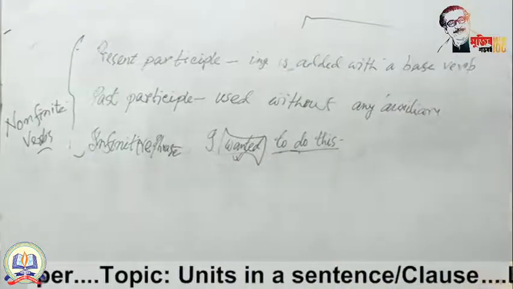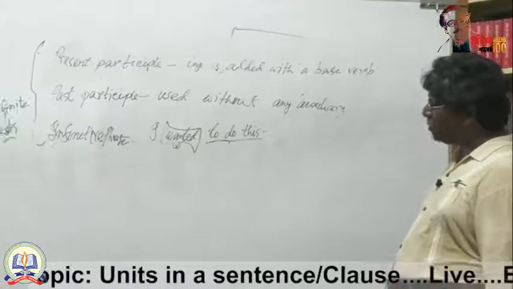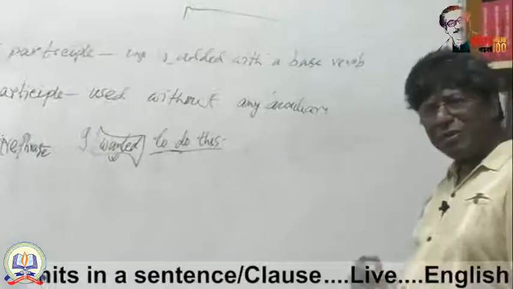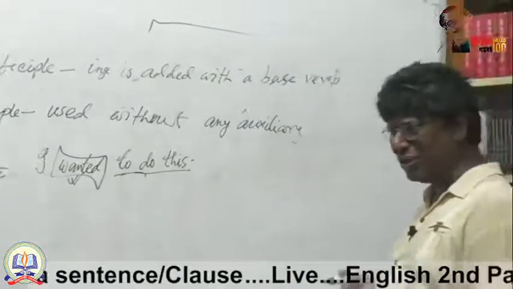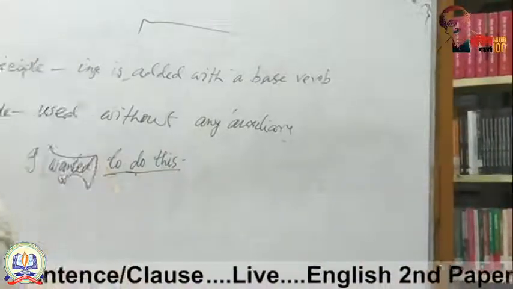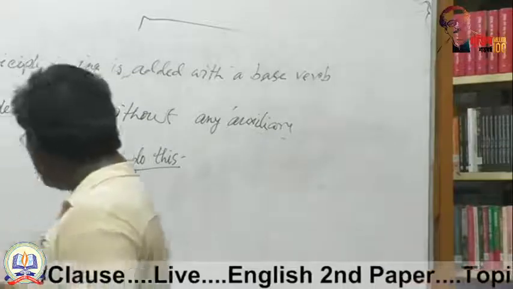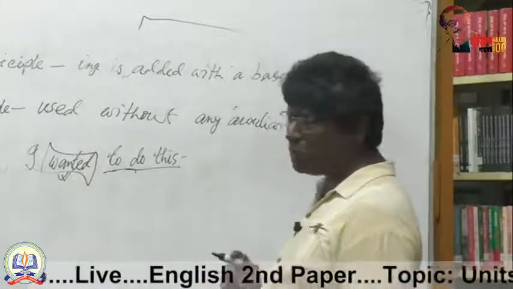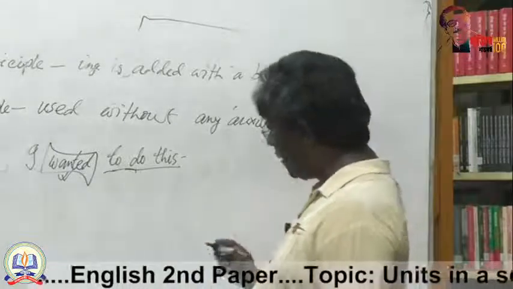But both the present participles and past participles determine the secondary verb or the secondary action in a sentence or clause which takes place before the action of the finite verb.